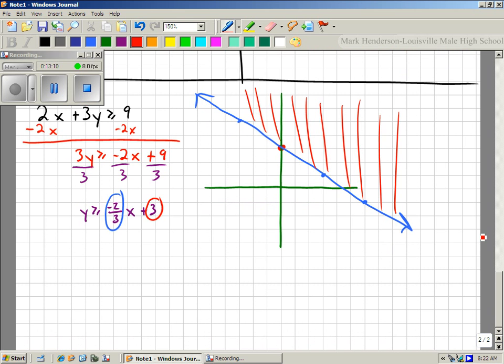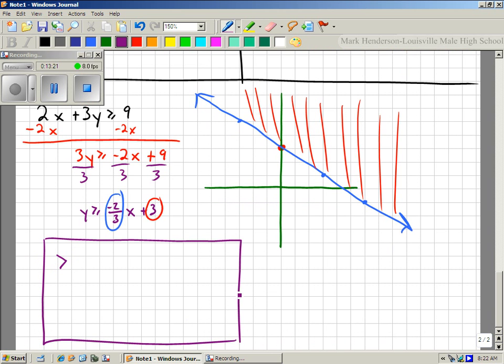Okay, so let's recap real quick. How do you know if it is solid or dotted? The answer to that is, let's make a little chart. It all depends on how it reads. Y is bigger than x. Y is less than x.